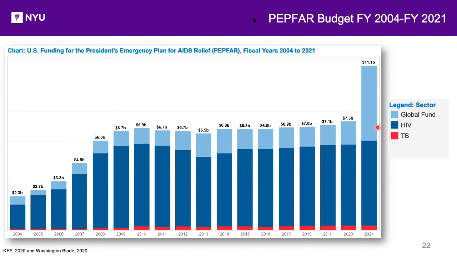Some of it is allocated toward the Global Fund, and a little bit is also allocated toward HIV relief. And as you can see, most of it has increased. It plateaued somewhat in 2014, 2015, and so forth until around 2017, and has incrementally increased after that. But in 2021, there's going to be a large infusion in terms of funding for PEPFAR.